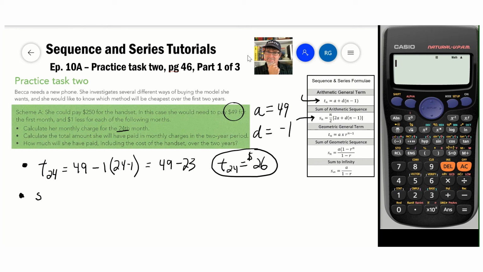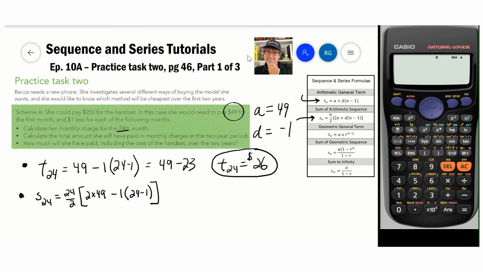We've got the sum of 24 terms. So that starts with n over 2. So that's 24 over 2. And then we've got 2a, so that's 2 times 49. And then we've got plus d times n minus 1, 24 minus 1.